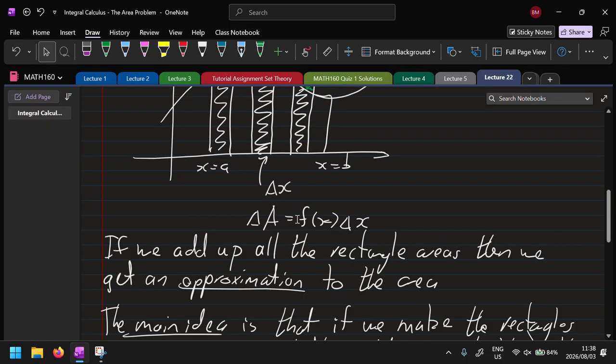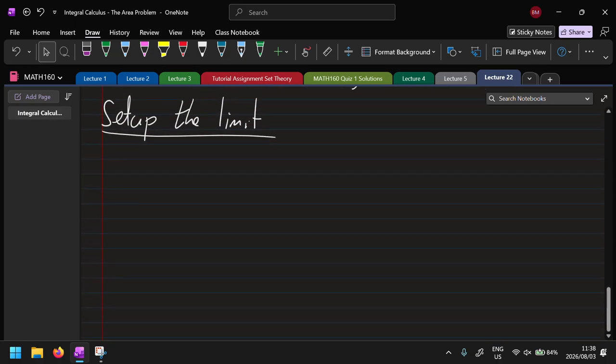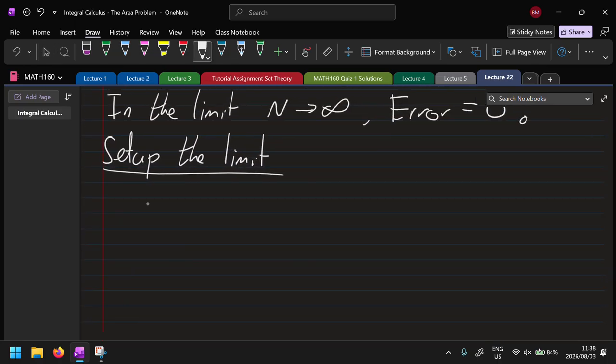We find the area of each individual one, add them up, and that will be the total area. So let's say capital A sub n will be the total area if we have n rectangles, like we drew in the pictures.